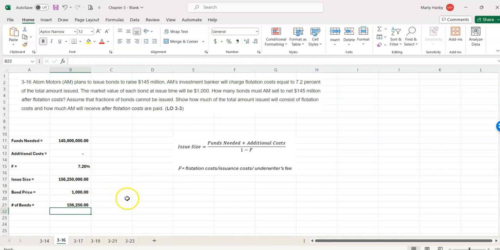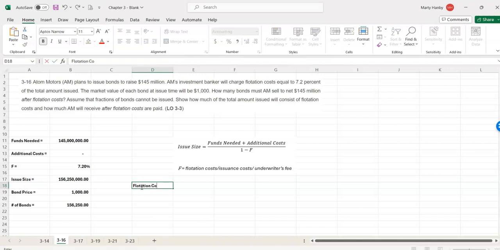So the flotation costs are simply going to be the issue size minus the funds needed.